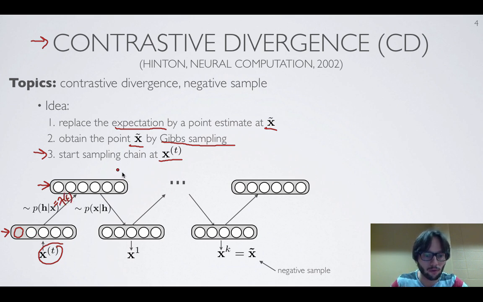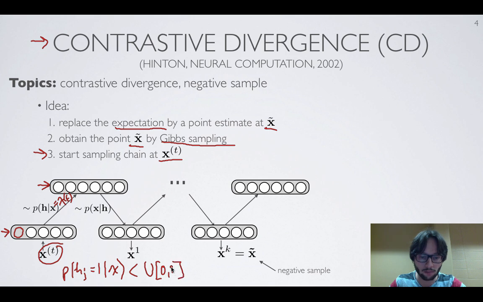Just a note on performing that sampling. Each neuron is conditionally independent, so each is a Bernoulli for which I can compute the probability that the hidden unit is equal to 1 given x. To obtain a sample from a Bernoulli with that probability, I can sample from a uniform distribution between 0 and 1.